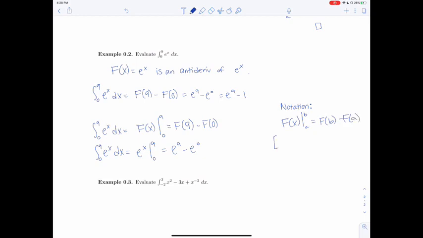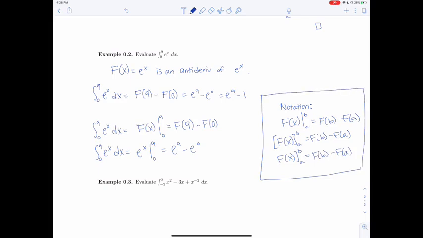You may see it other times written like this, or even like that. But we like to use it when we're evaluating these integrals so we don't have to define this antiderivative every single time.